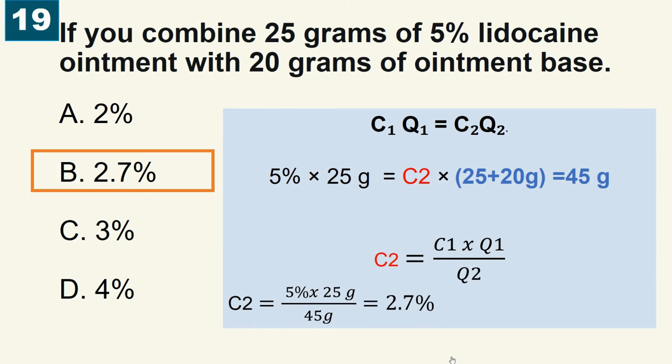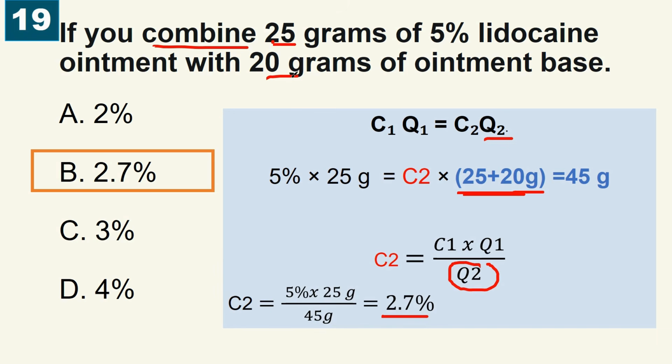The only key thing you have to focus on here is that the question says if you combine 25 and 20, the final quantity Q2 will be 45 grams. So if you divide, you get 2.7%.